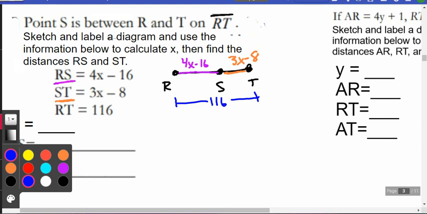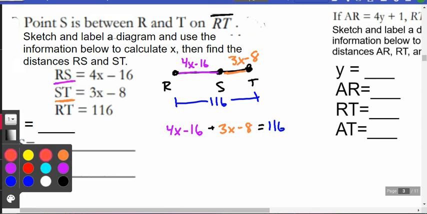All right, so the first thing we need to do is calculate x. So let's set up our equation. I'm going to take RS, which is 4x minus 16, add the other segment ST. We know that this entire segment RT is 116 units.